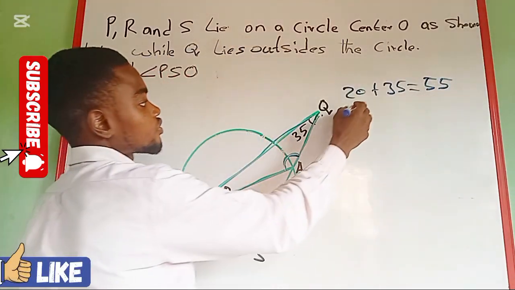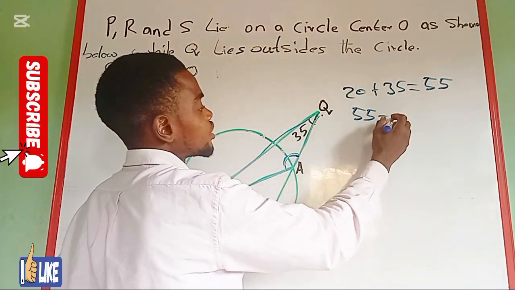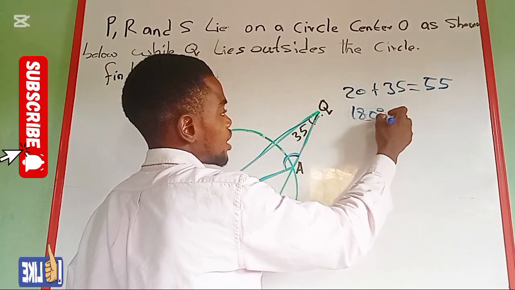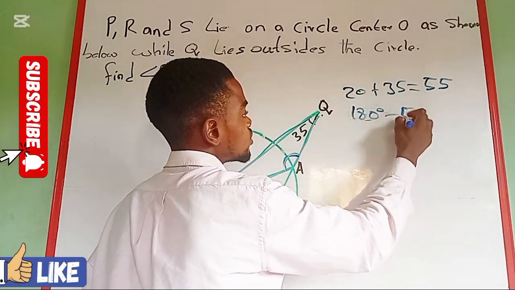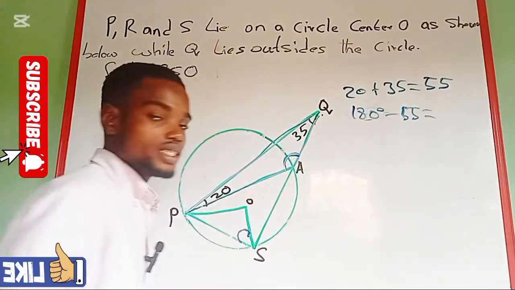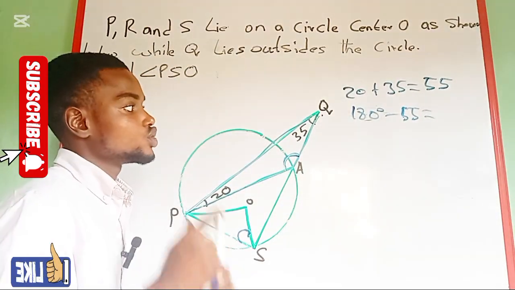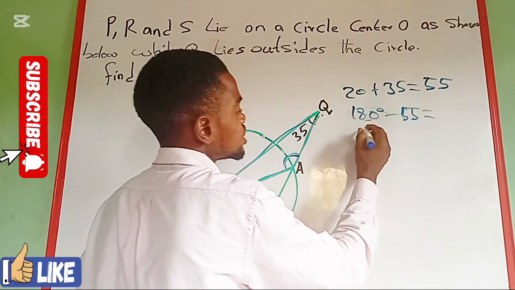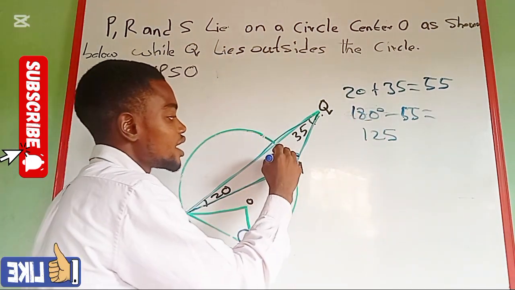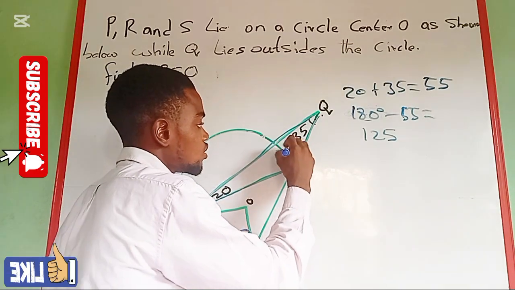Now 55, minus from 180, is going to give us what? 180 minus 55 is going to leave us with 125. And we put it here: 125.